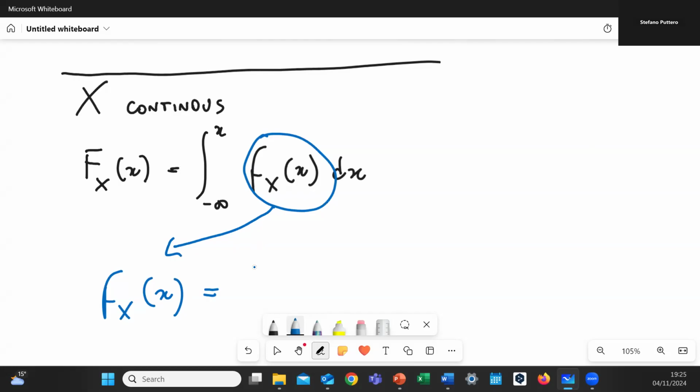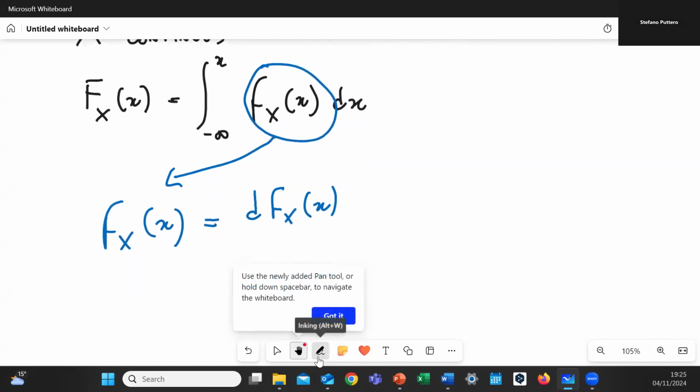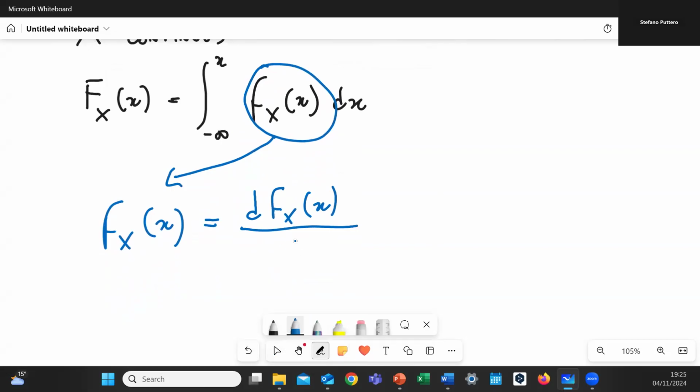It is equal to the derivative of F_X of x divided by dx. It's just the inverse operation. So the probability density function is the derivative of the cumulative distribution function. And that's the point when we are dealing with continuous random variables.